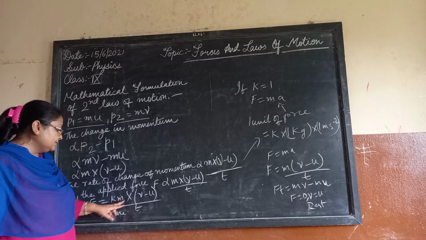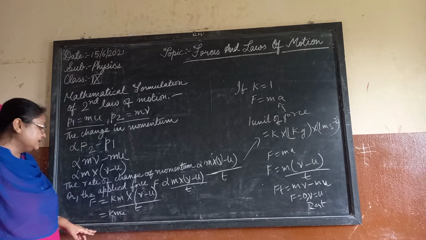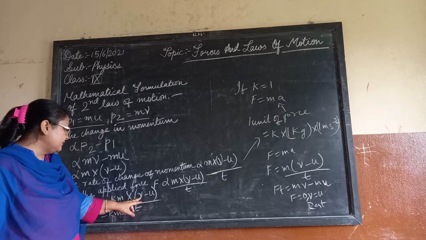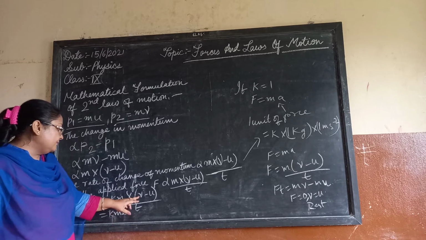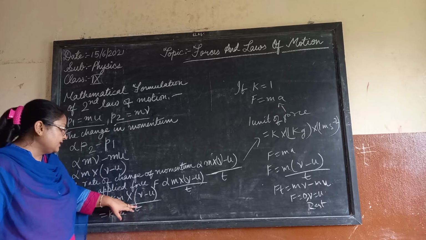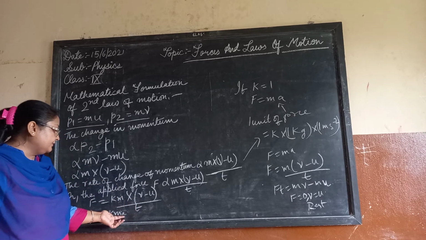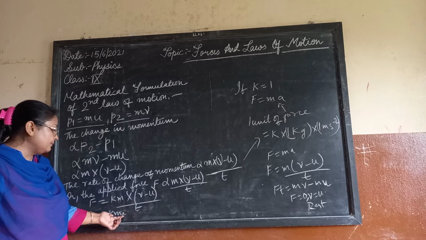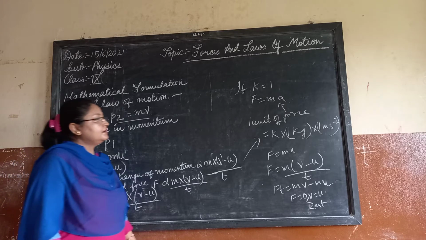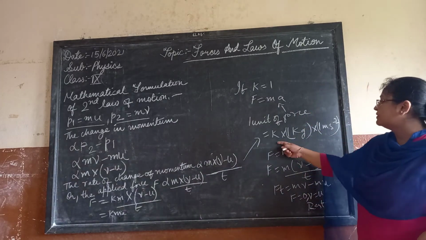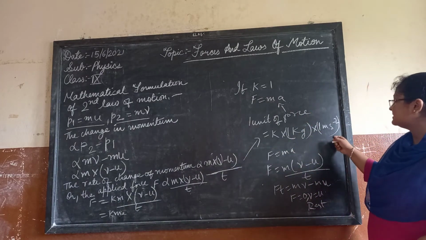Now we know that (v minus u) by t is equal to a, as we have read in the previous chapter, so in place of this we place a. The unit of force is defined such that k equals 1, that is 1 kg into 1 meter per second square.